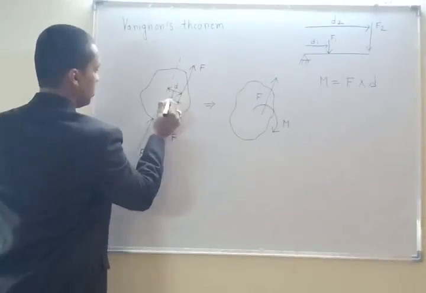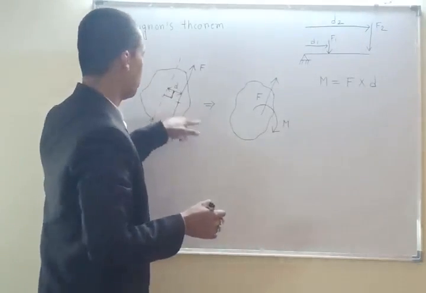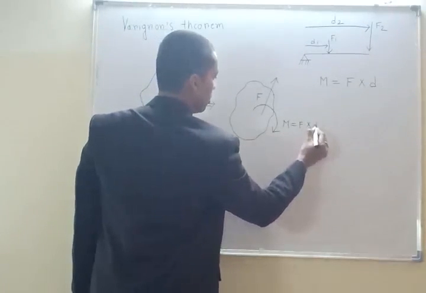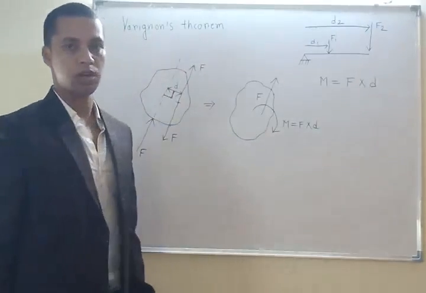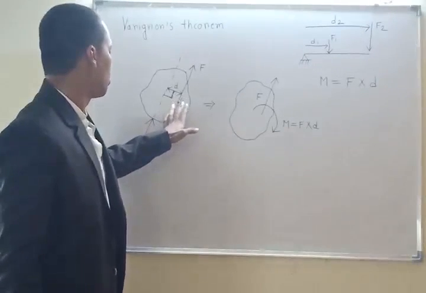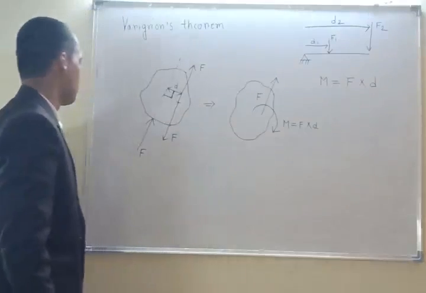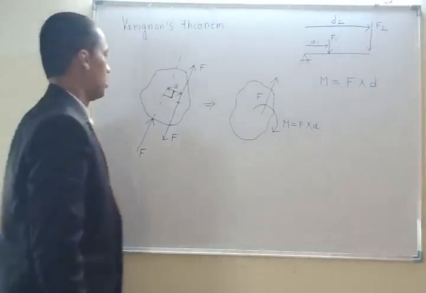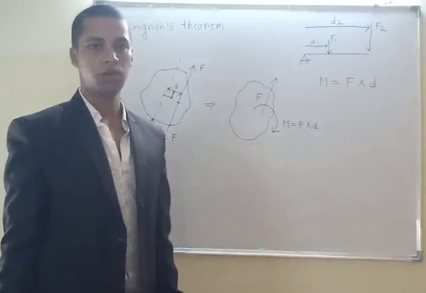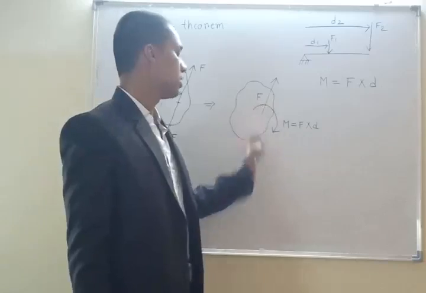This is the 90 degree angle, and this is the distance between these two. So this moment is equal to force into distance. Okay. Now we have converted this force, we have placed this force in here instead. Okay, so now this is how we can transfer a force from one position to another position. We can just get this force in here and then a moment.